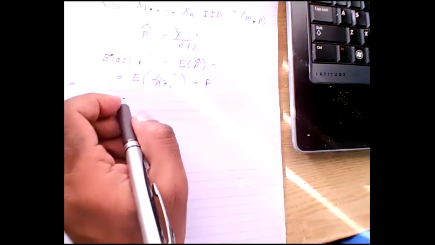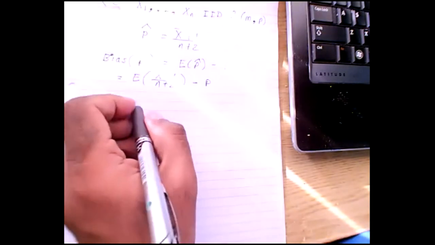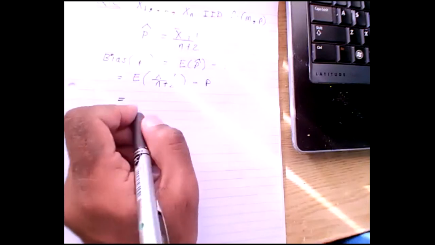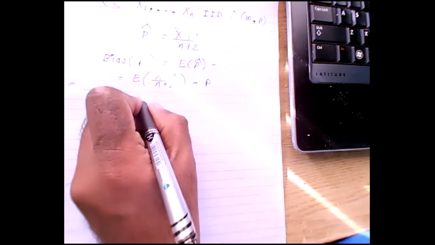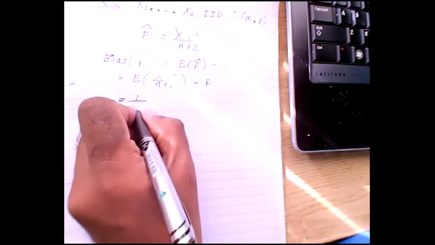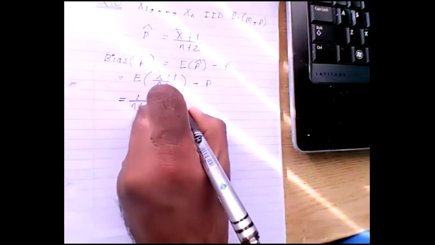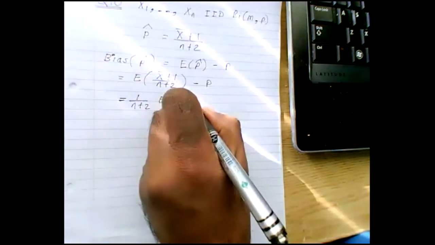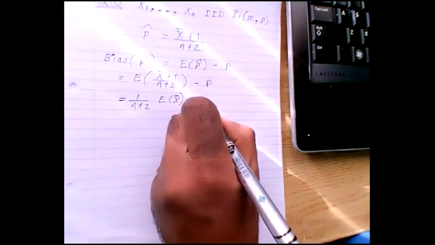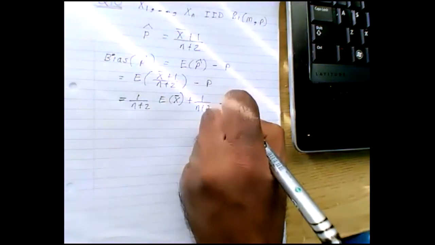So if you take the expectation inside, you can write this as 1 over n plus 2. Please, if you have any questions, please feel free to use the chat room, guys.